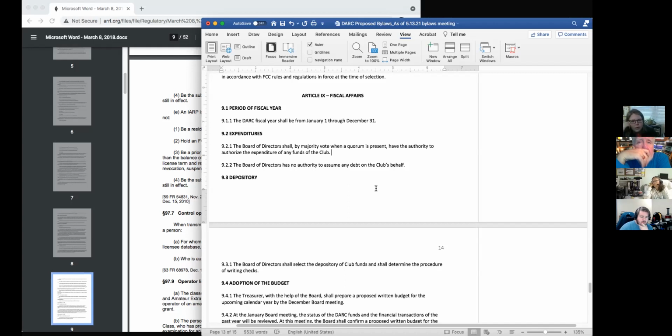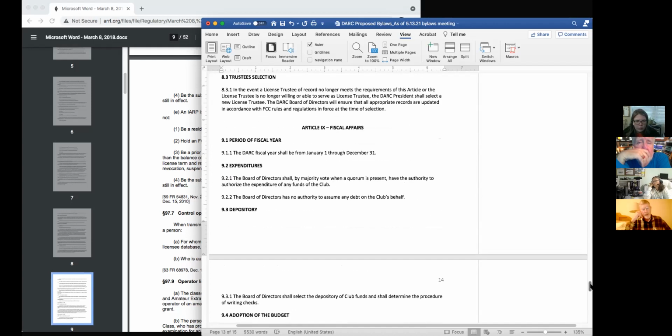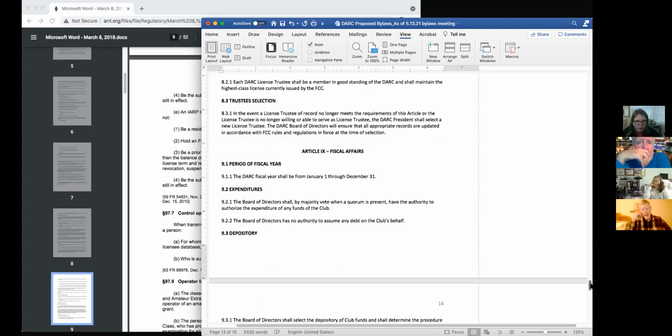Well, so now we're kind of splitting hairs about the discretionary account. Could we in 9.2.1 say the board of directors shall by majority vote, when a membership quorum is present, have the authority to authorize expenditure of any funds of the club?